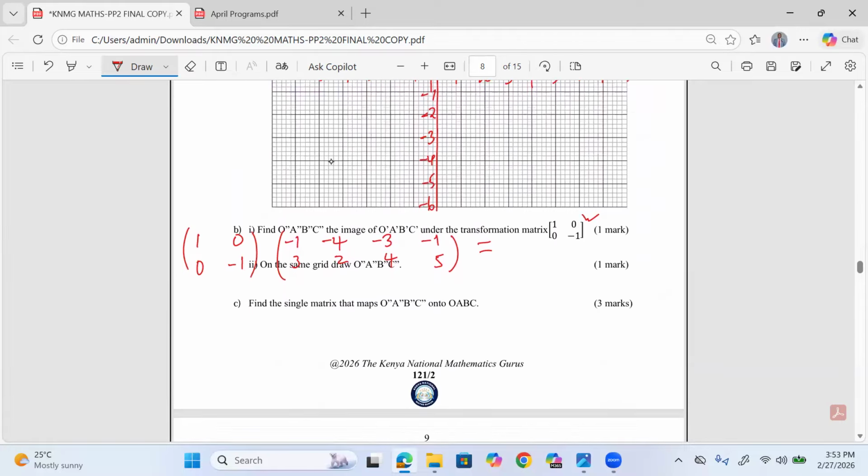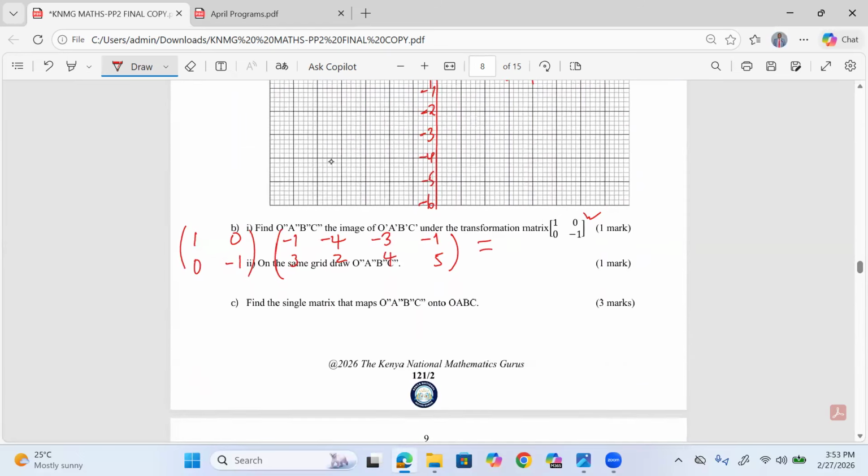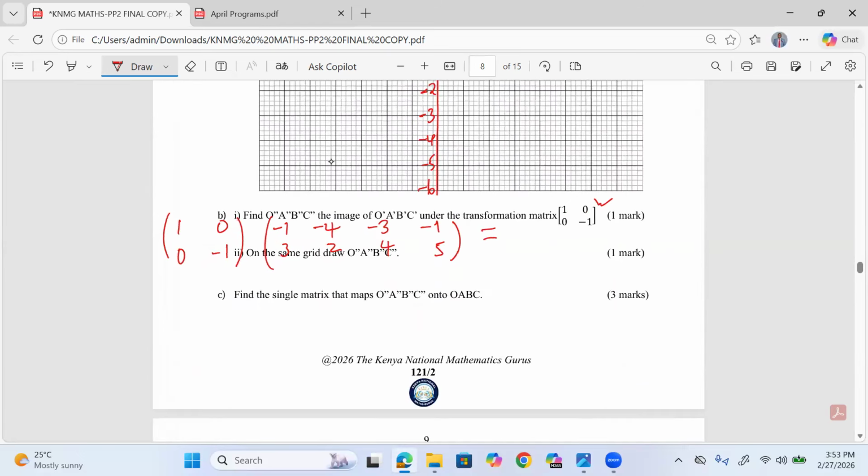That way. Then we now compute the multiplication of matrices to get the image. So we start. The first row here should multiply every column.